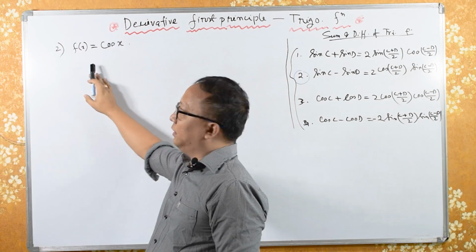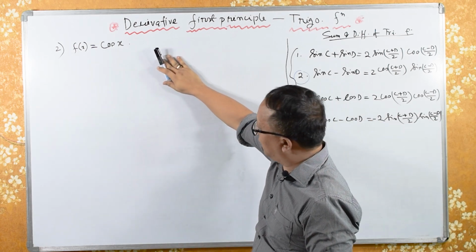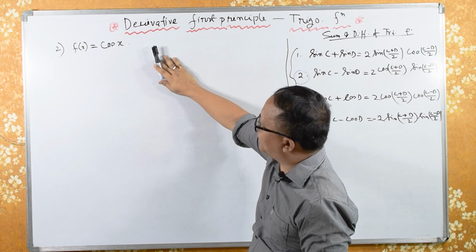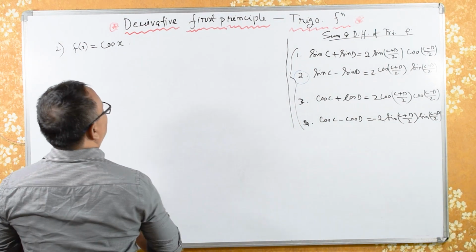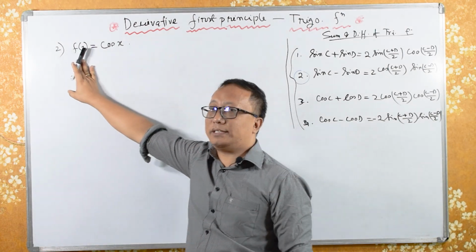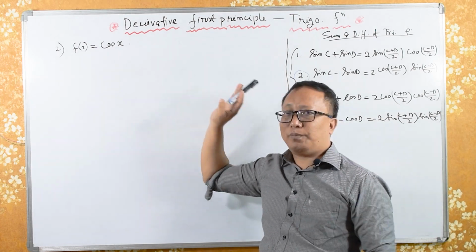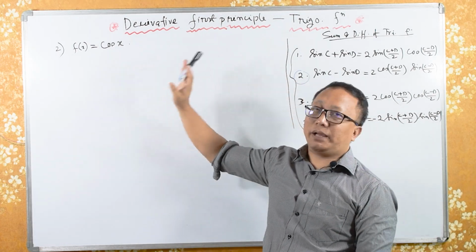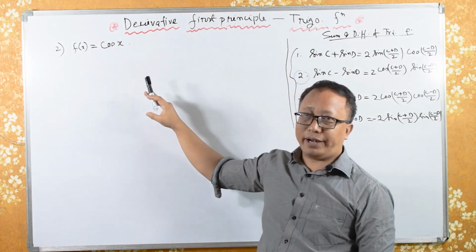Now f(x) equals cos x. This also we'll find out by first principle. Firstly, since f(x) is given, we have to find f(x+h), then f(x+h) minus f(x) upon h, with the limit where h tends to 0.